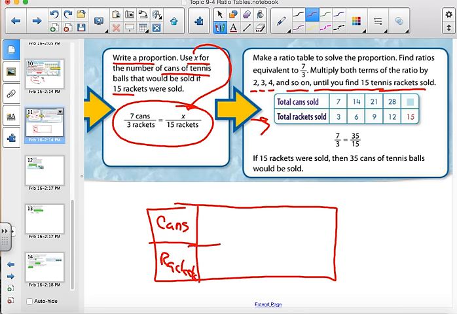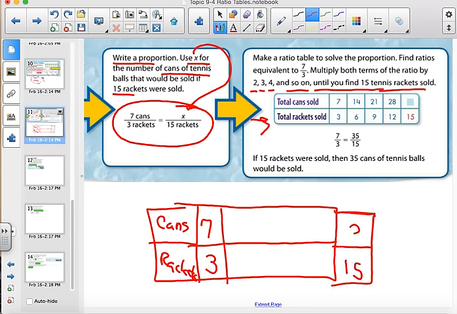We take our starting ratio, 7 to 3, and we want to reach a final ratio of something to 15.